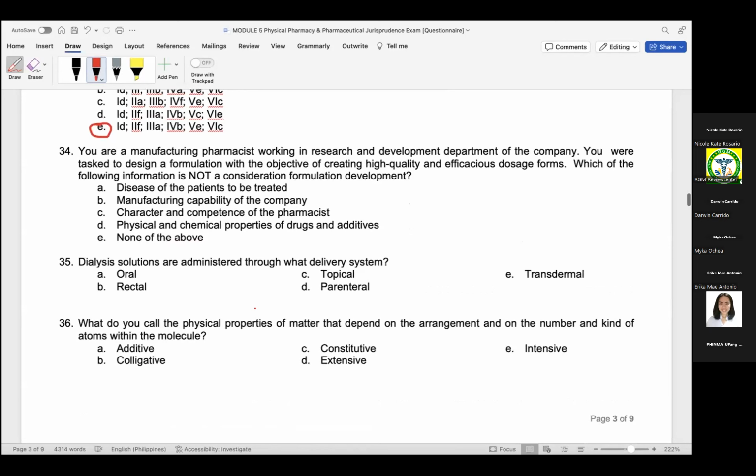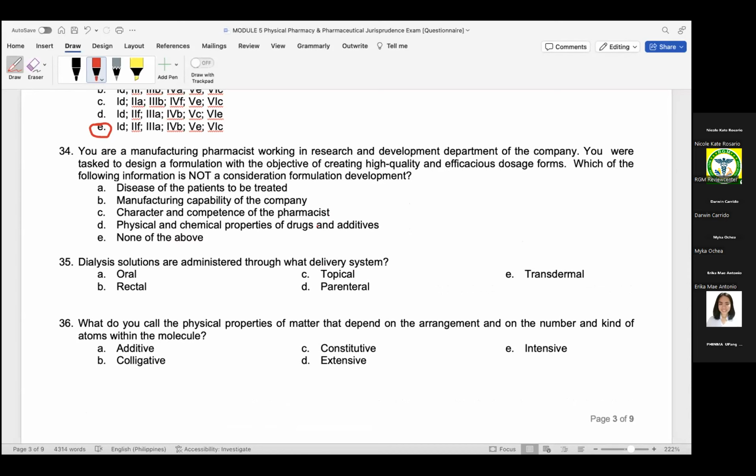Number 34. You are a manufacturing pharmacist working in research and development department of the company. You were tasked to design a formulation with the object of creating high quality and efficacious dosage forms. Which of the following information is not a consideration formulation development? What's your answer here?